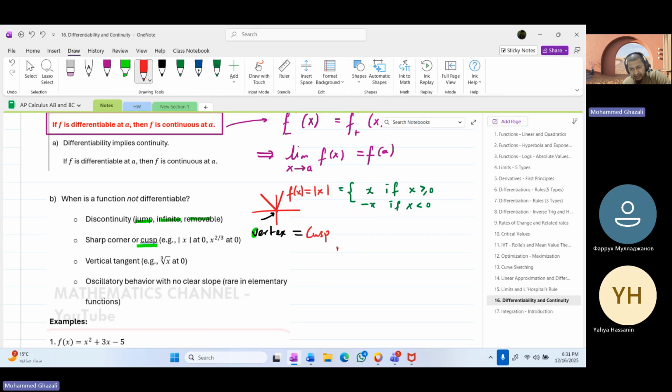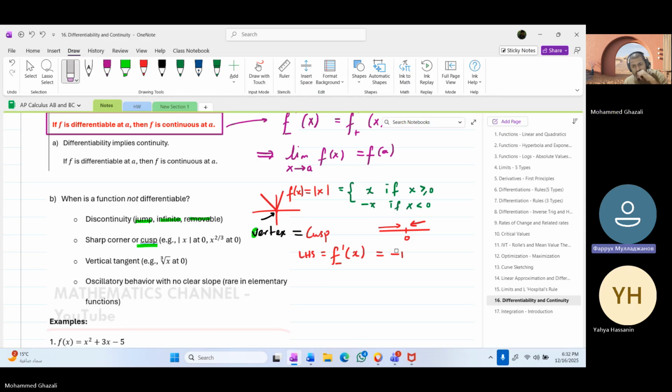So if I say f prime, the left-hand side derivative, f prime x from the left, we're checking at 0. The derivative from the left is the negative x. I'm getting -1. Are we good?